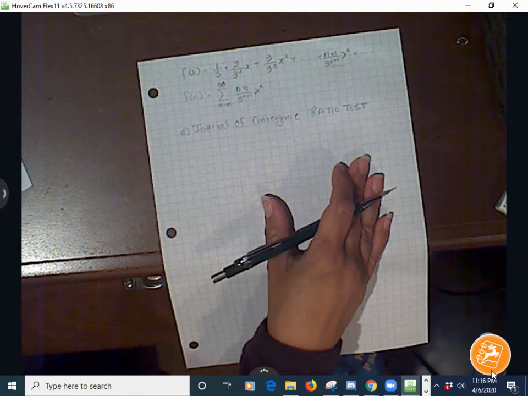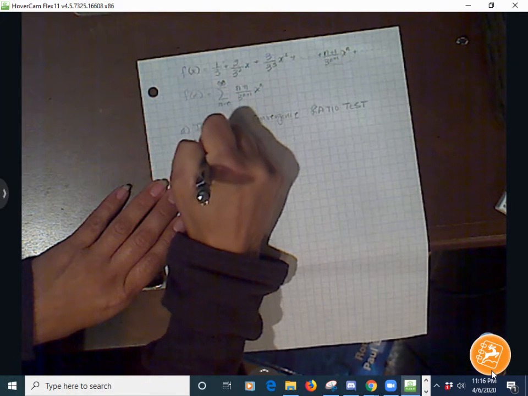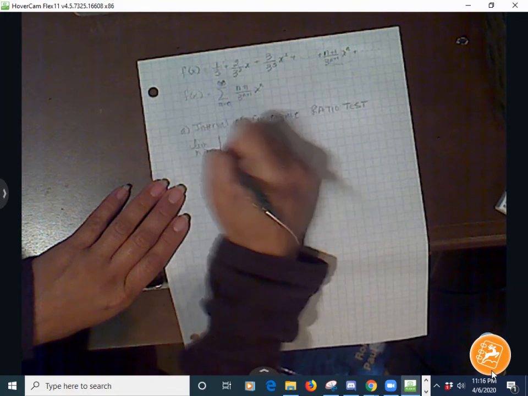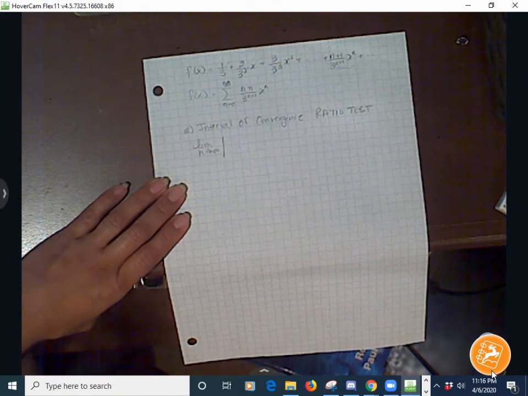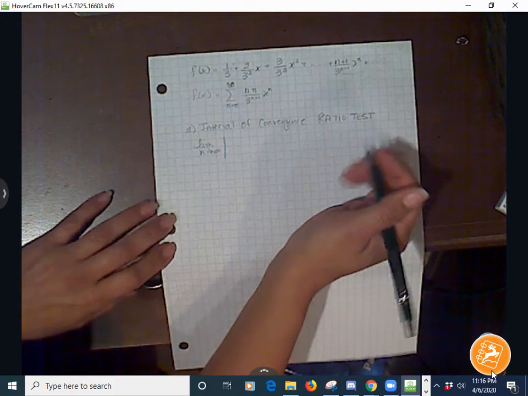So let's do that. We're going to do limit as n goes to infinity, and we do absolute value because when we do the ratio test, it's always going to be absolute convergence.